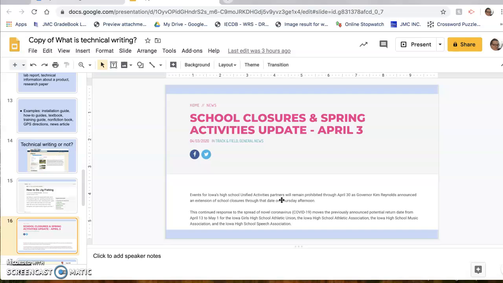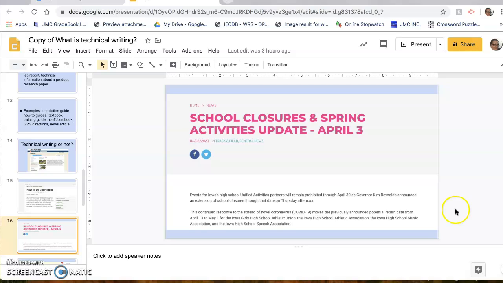Next one is an announcement from the Iowa Girls High School Athletic Association about an update on spring sports, telling what's going to be happening with spring sports. Do you think this is technical writing? The answer is yes. It meets the 4 characteristics.